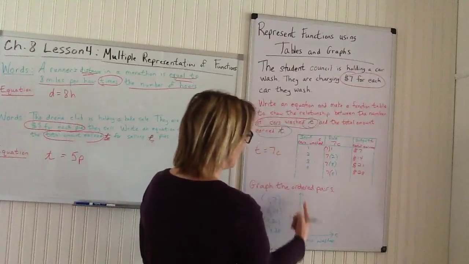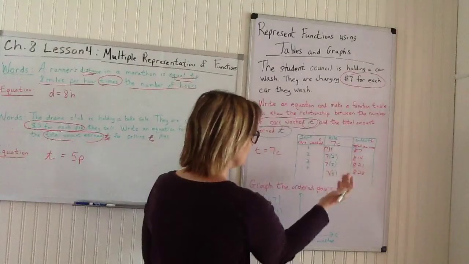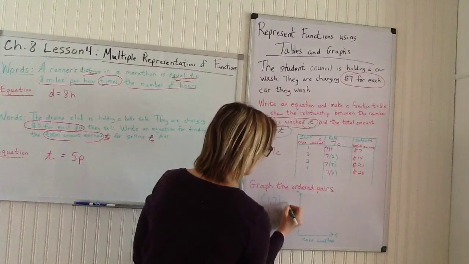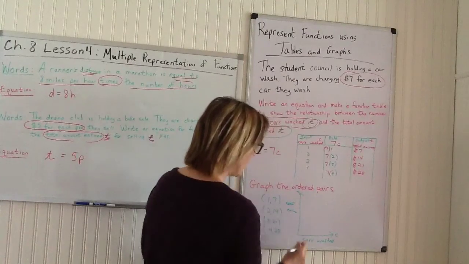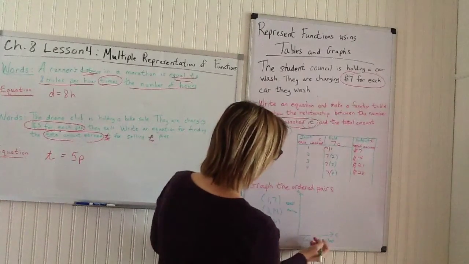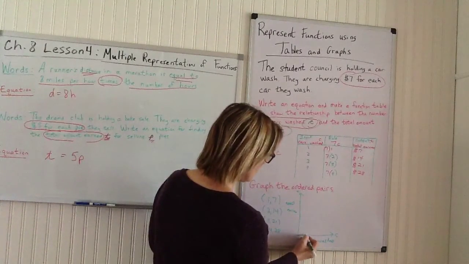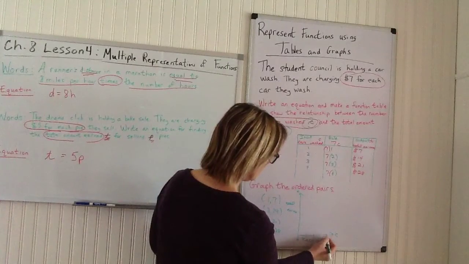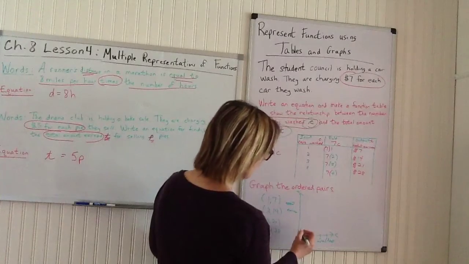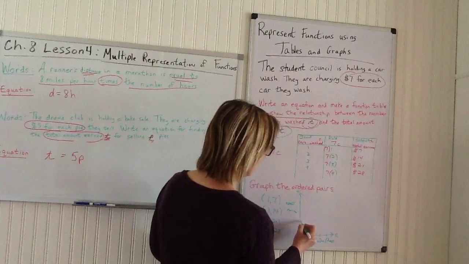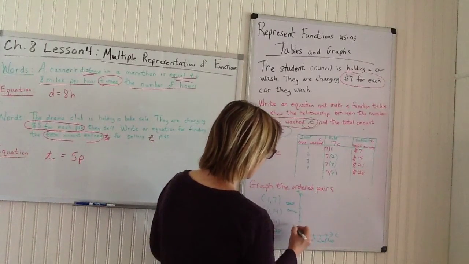And this is my y-axis, but in this case my output is T, or total earned. So I'm going to graph these cars washed 1, 2, 3, 4, and amount earned, it's going to be 7, 14, 21, and 28.